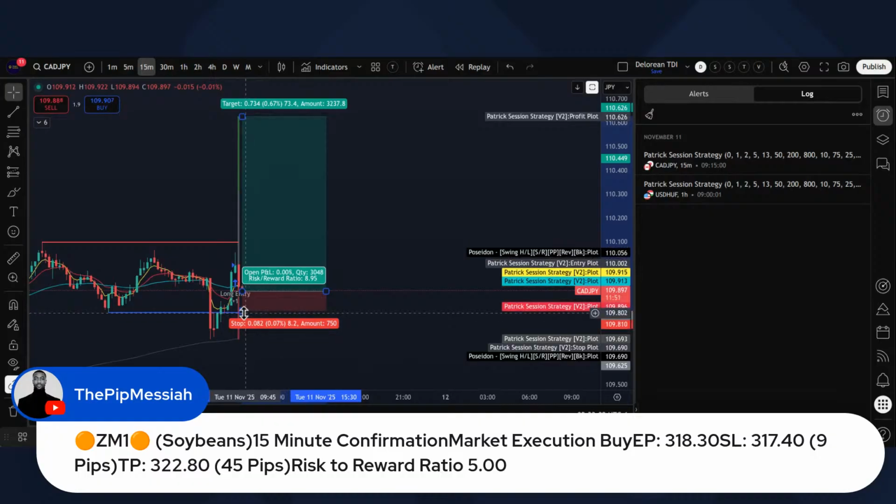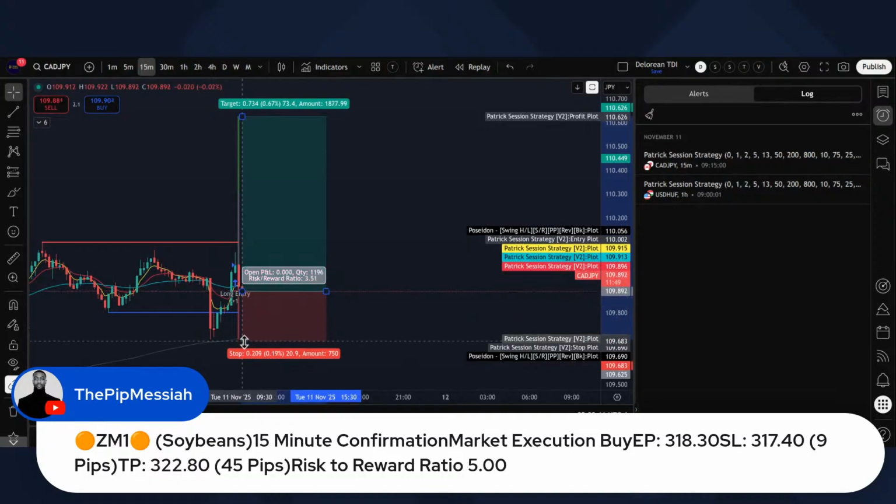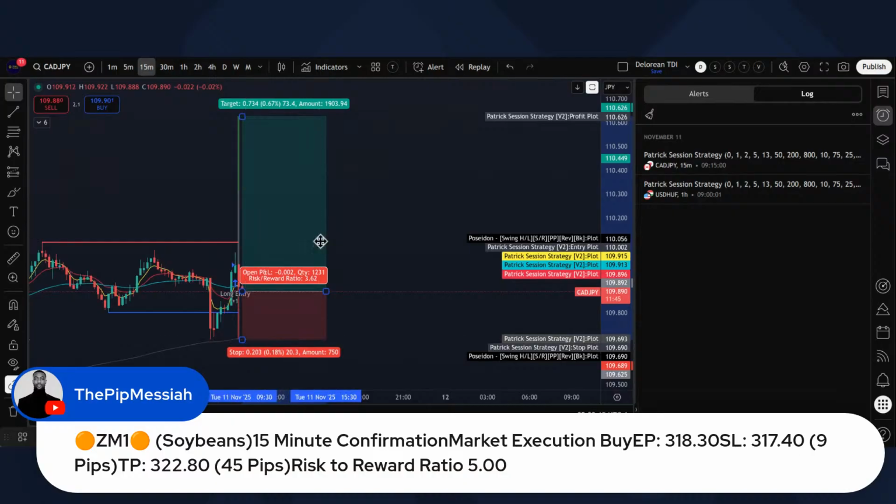I'm going to move this below the candles here. Here we go. And this is Canadian dollar versus Japanese yen.